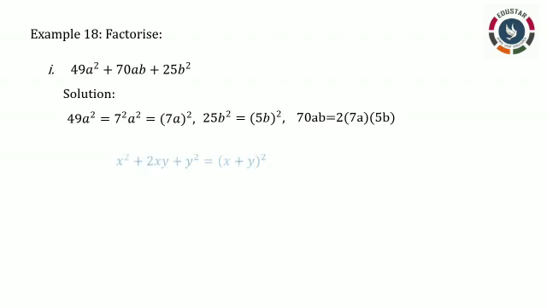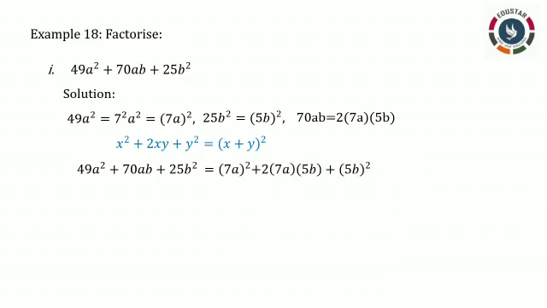On comparing with identity 1, we can write the given expression as (7a) the whole square plus 2 into 7a into 5b plus (5b) the whole square. Here our x value is 7a and y value is 5b. So, the given expression can be written as (7a plus 5b) the whole square, which in turn can be written as (7a plus 5b) into (7a plus 5b). So, we have got the factors for the given algebraic expression.